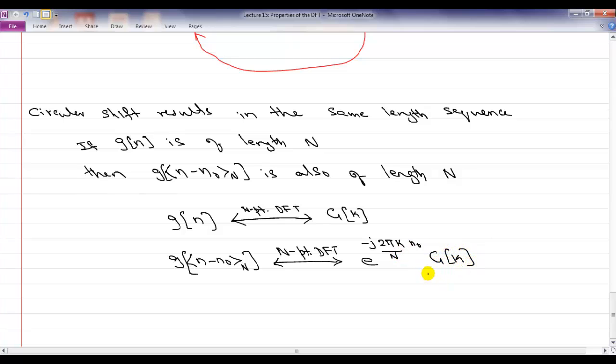Okay. Each coefficient of your DFT undergoes a phase shift proportional to this expression.